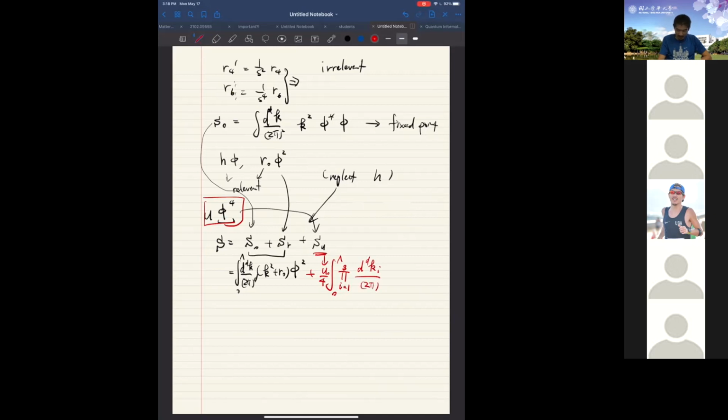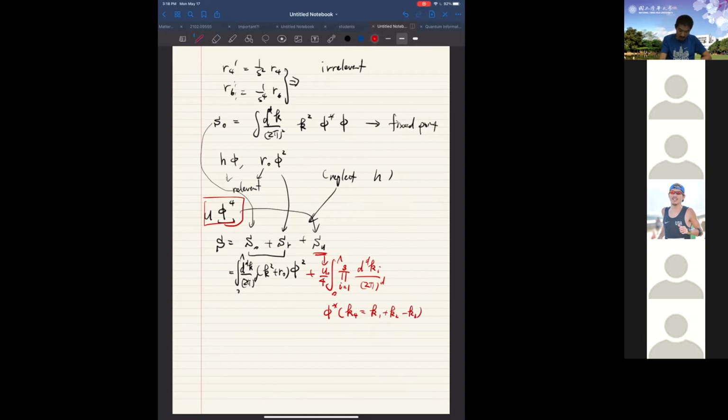But in here, we can simplify it by just integrating out one of the momenta. So as you know, we must have momentum conservation. So let's define K4 as K1 plus K2 minus K3.